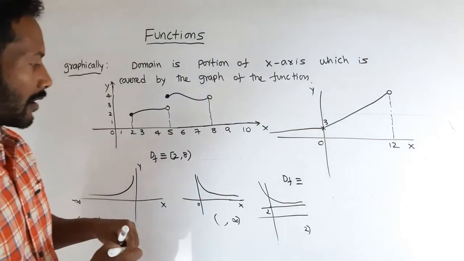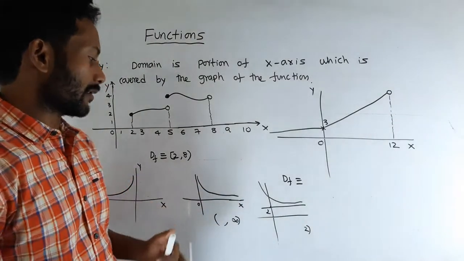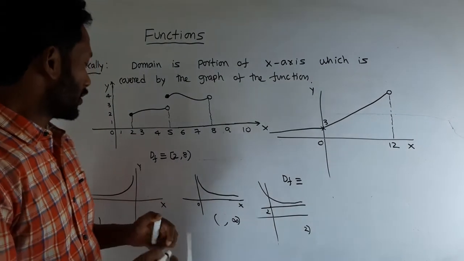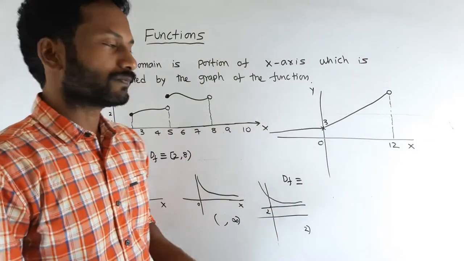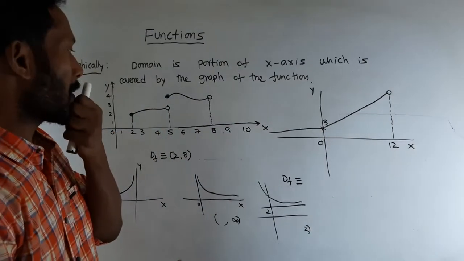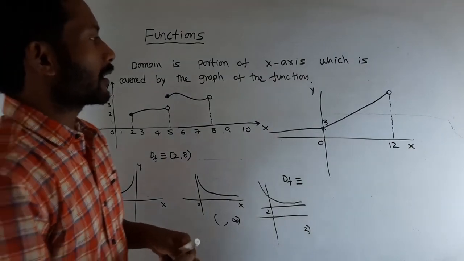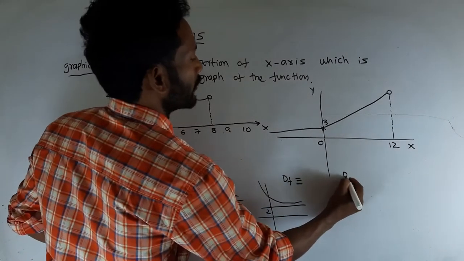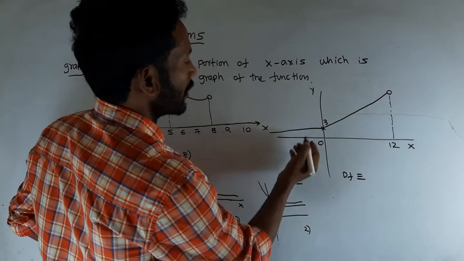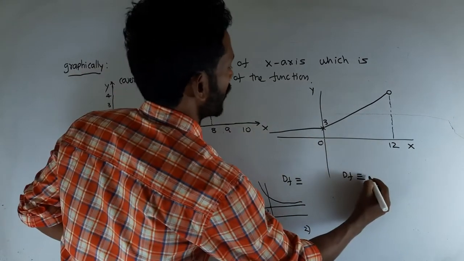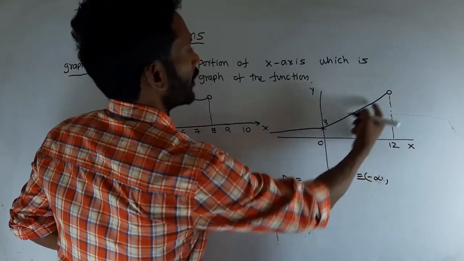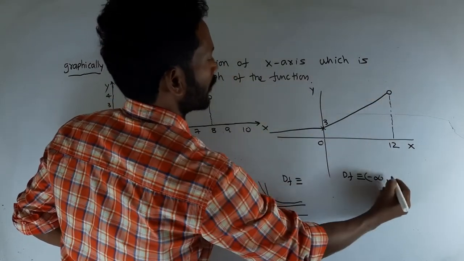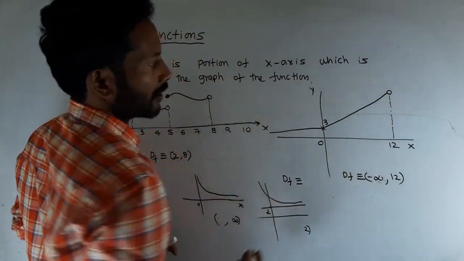So this one approaches infinity on x-axis. This one approaches minus infinity. This one approaches 2. So can you observe what is the domain of this one? Domain of this function. This one approaches minus infinity. Open interval minus infinity, so minus infinity to 12. So this is the domain of this graph.